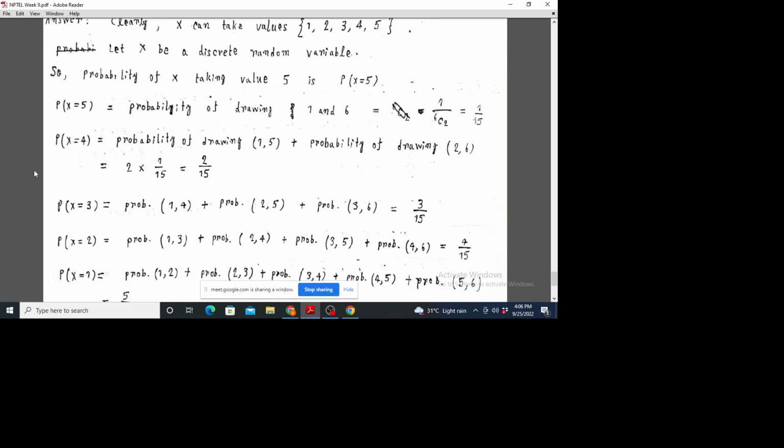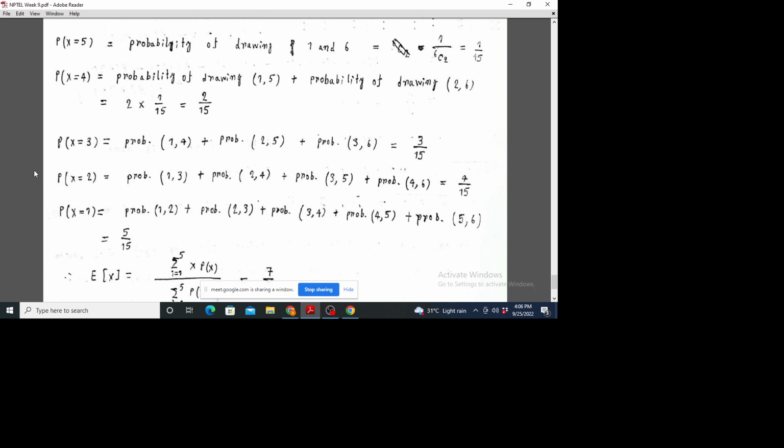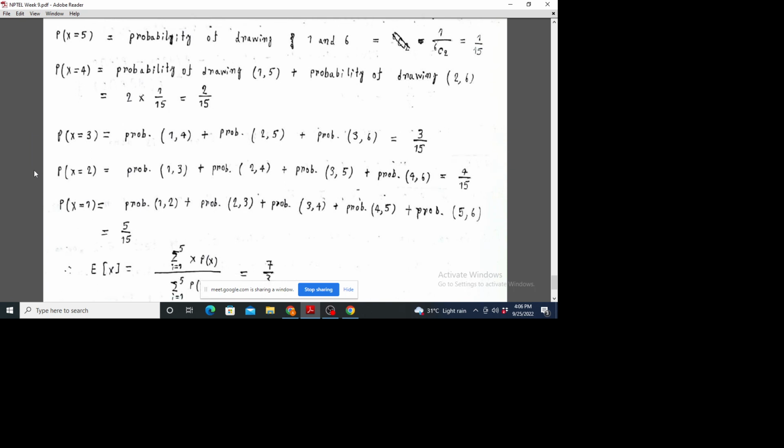Similarly, P(x = 4), the probability of x taking the value 4. How can it happen? It can happen when you draw 1, 5 or 2, 6. So two scenarios are possible, and those are mutually exclusive, which is why you add the probabilities. Probability of drawing 1, 5 and probability of drawing 2, 6. Add them and you will get 2 by 15.